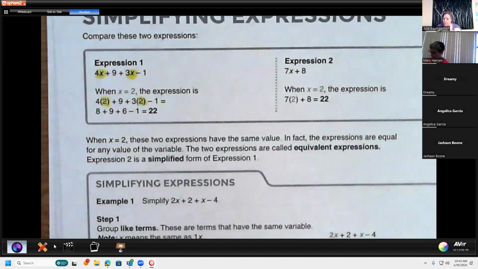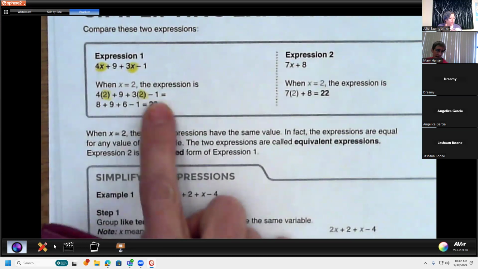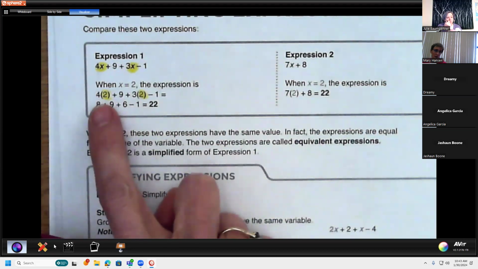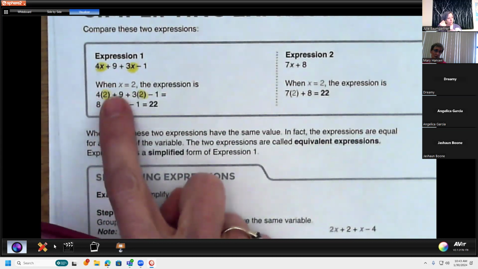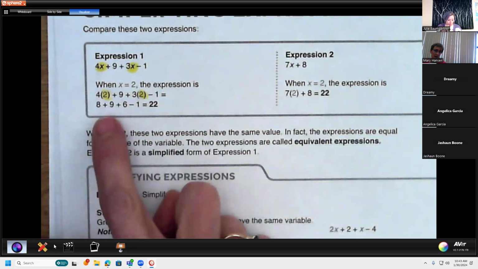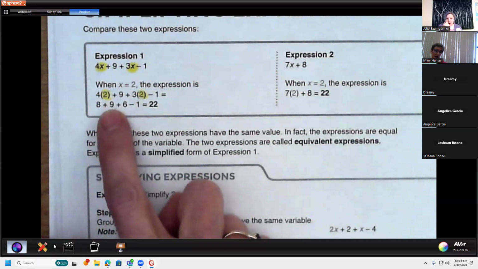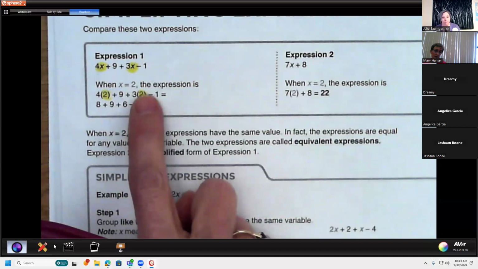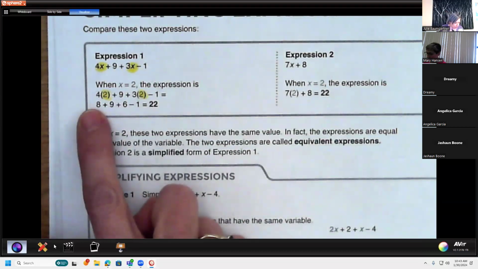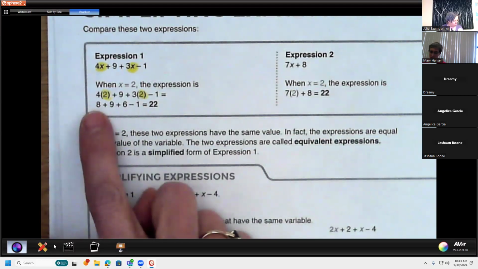And then we get this statement, and order of operations would tell us we do multiplication before we do addition and subtraction. So we would multiply the 4 times 2 to get 8. We'd bring down the plus 9. We'd multiply 3 times 2 to get 6, and we bring down the minus 1. And then we can add and subtract left to right.